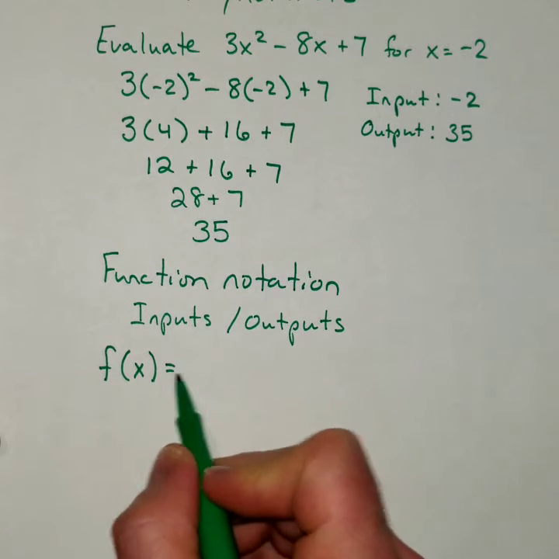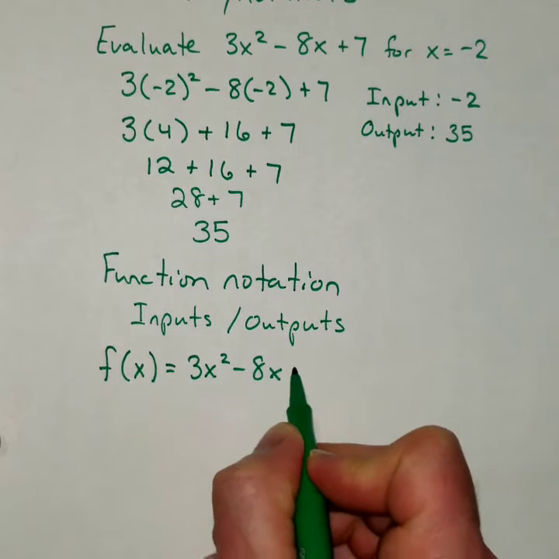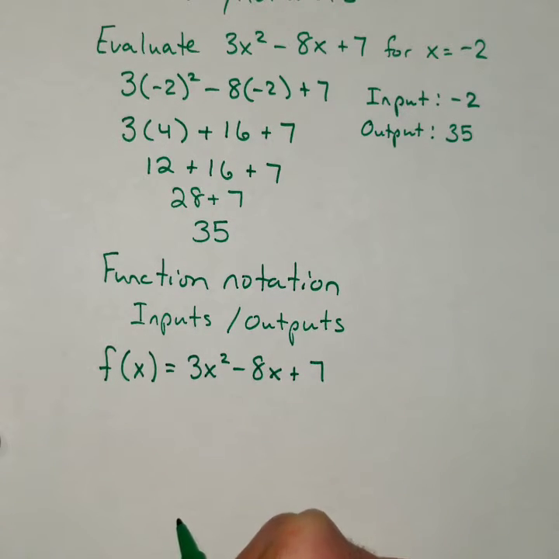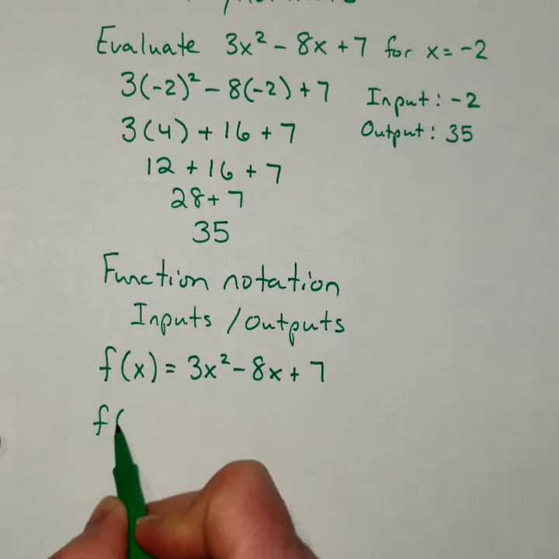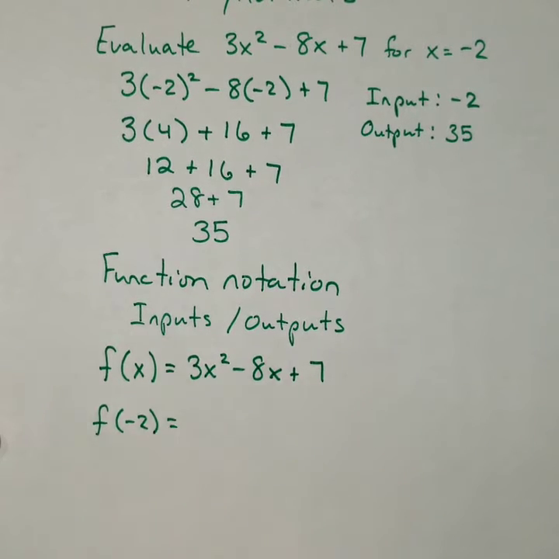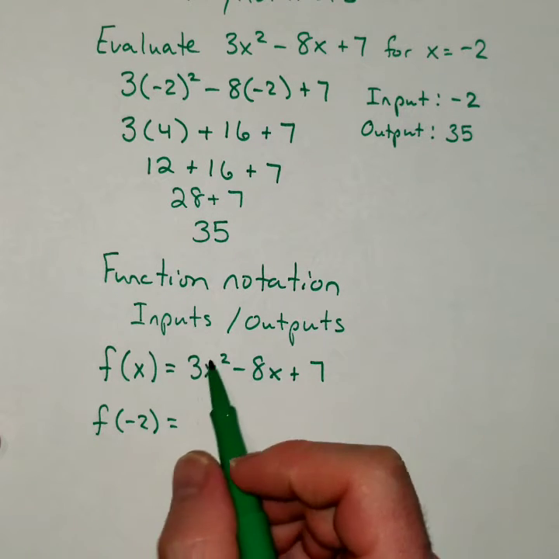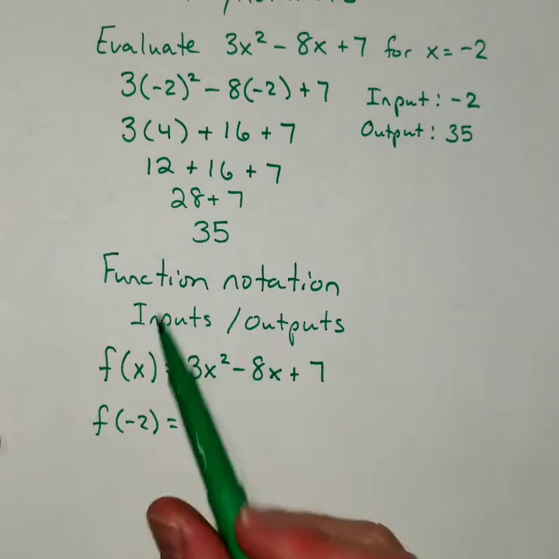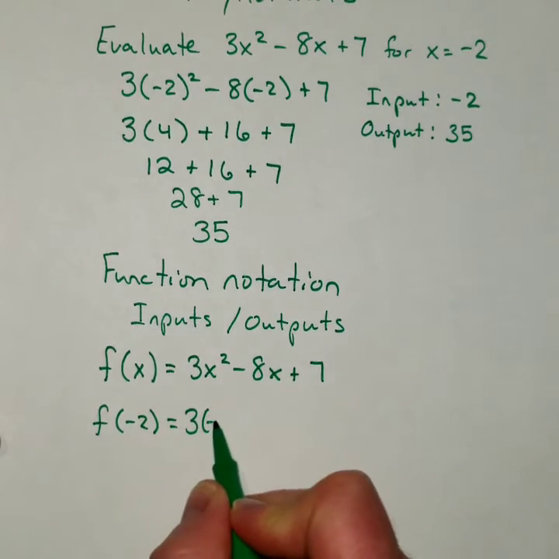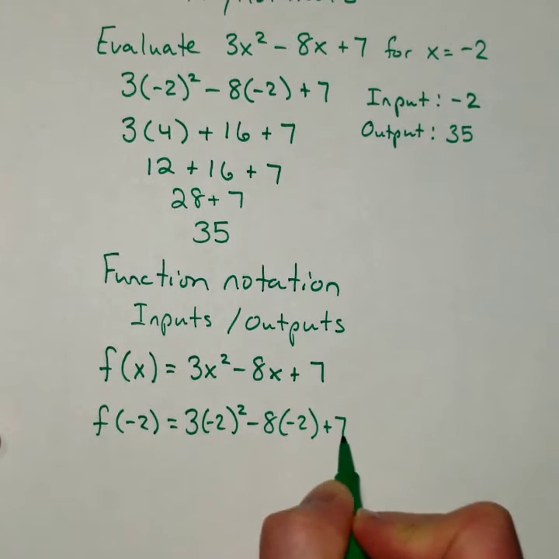So if f of x equals 3x squared minus 8x plus 7, then f of -2, notice my input is -2, is going to be the same as what we got when we plugged in the -2 before. So we'd have 3 times -2 squared minus 8 times -2 plus 7.